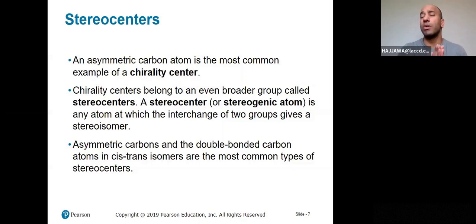Those compounds that are geometric isomers, whether they are cis and trans alkenes or cis and trans cycloalkanes, are diastereomers and they have stereocenters. But those compounds that are non-cis and trans alkenes, non-cis and trans cyclic alkanes, but do have chiral centers, can be enantiomers or diastereomers because of the existence of the asymmetric carbon in them.